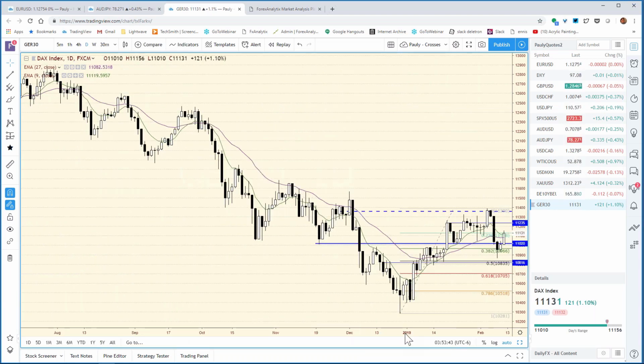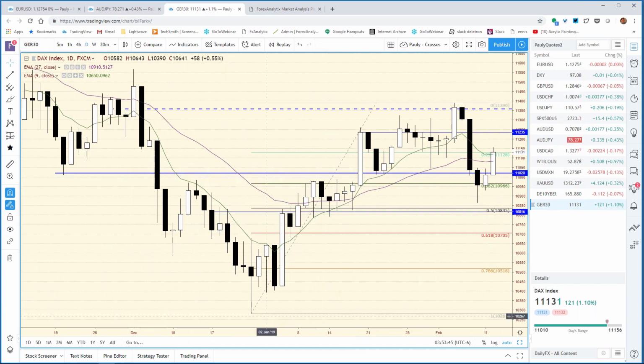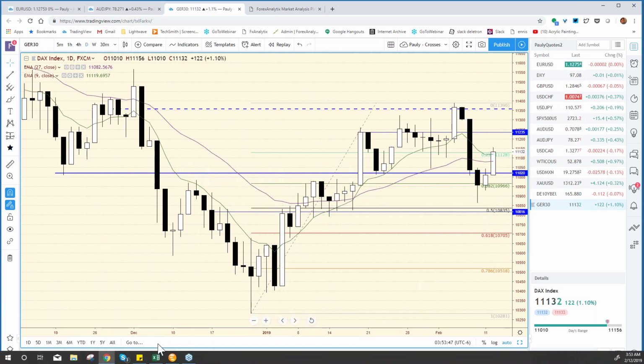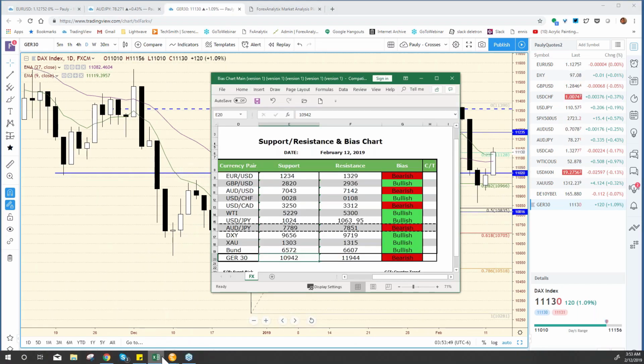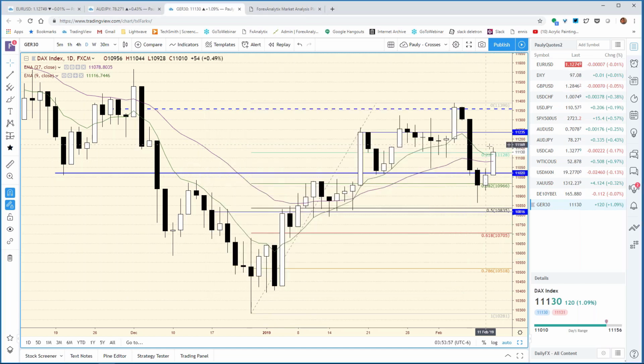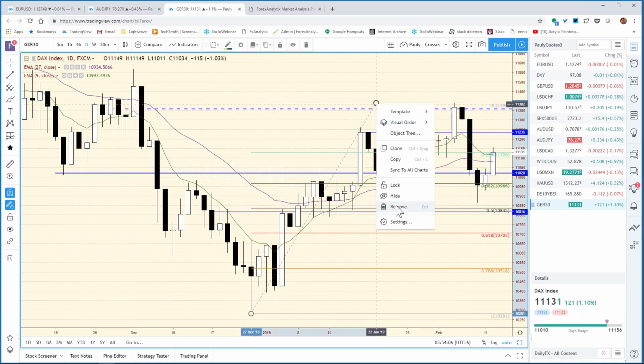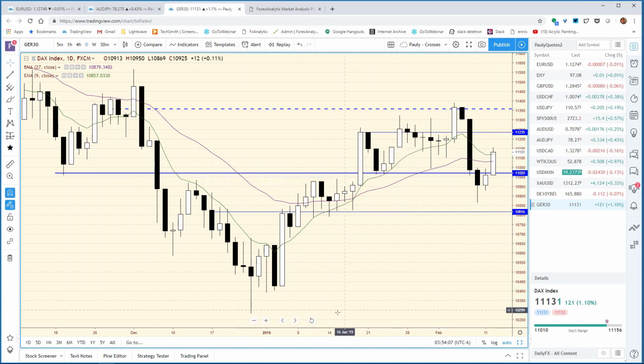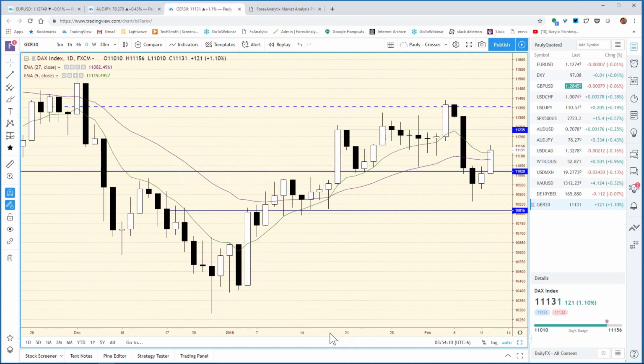And moving on to the DAX. Well, we're really tightening up here on the DAX.